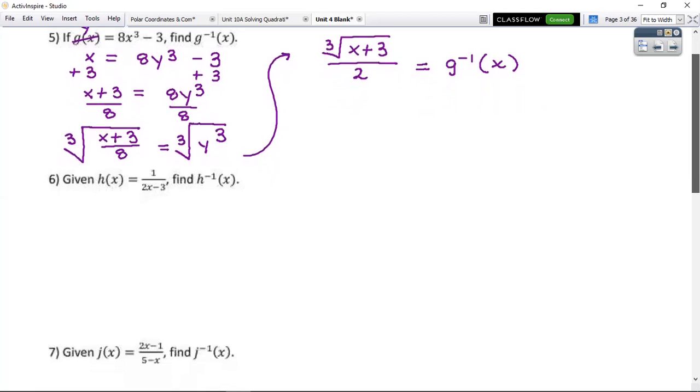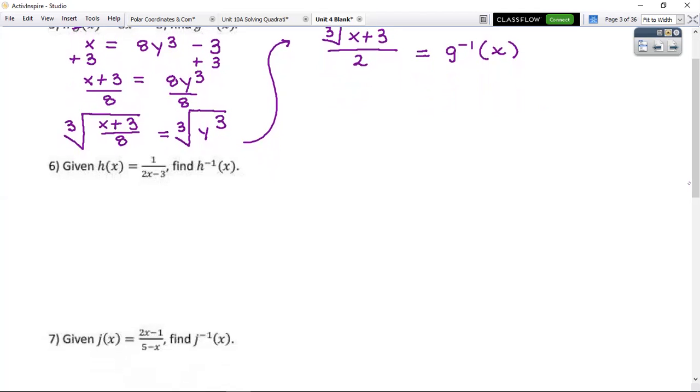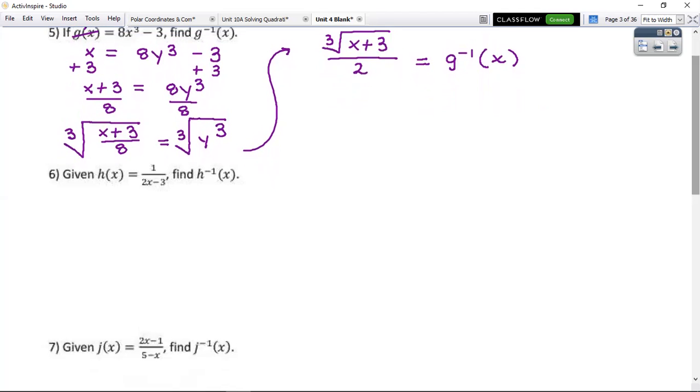All right, so down to number 6 here next. So we're going to go 1 divided by 2x minus 3. So step 1, I'm going to take h of x and rewrite it as y equals. Next, I'm going to switch x and y.